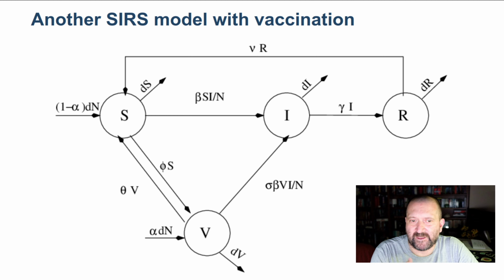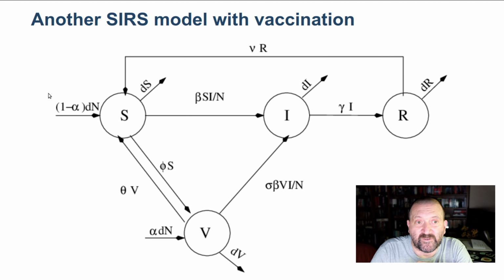Here we are going to take a slightly different approach. Vaccinated individuals are moved into the vaccinated class. But additionally, there is immunity after being infected, but there is also vaccine immunity. This is what's called the waning of the vaccine, that theta V here that takes you back into the S class.